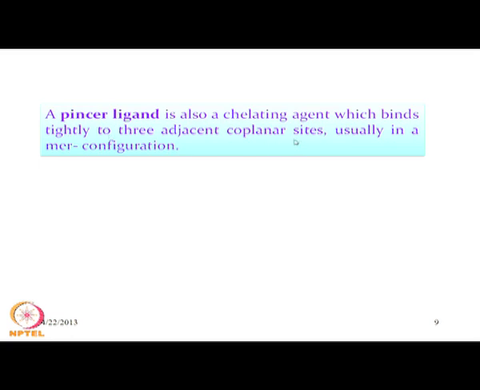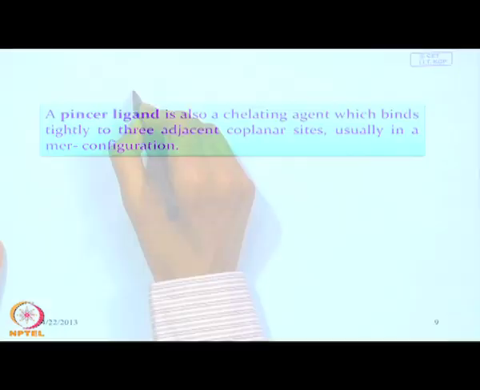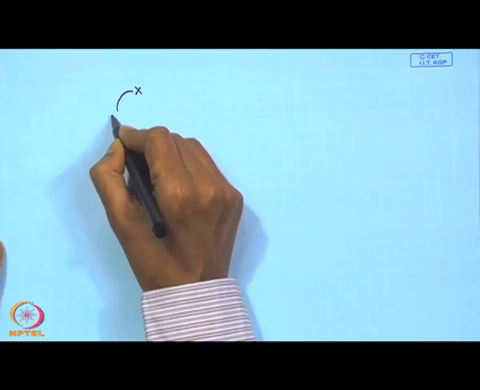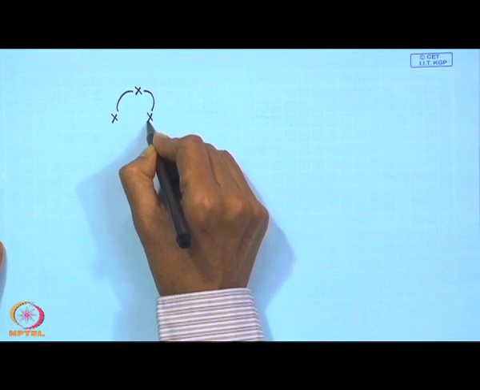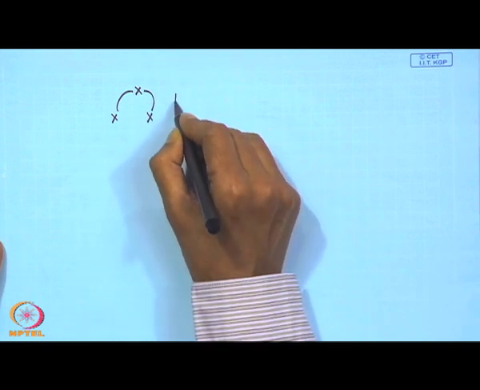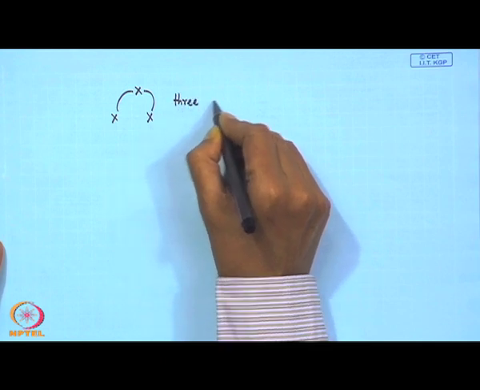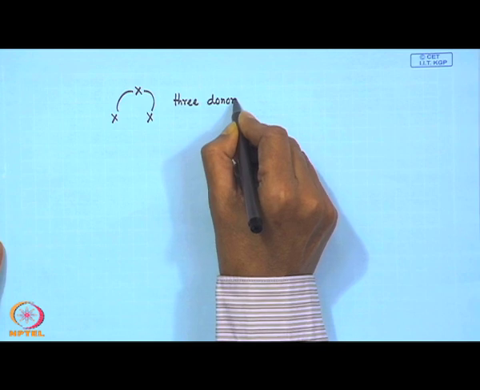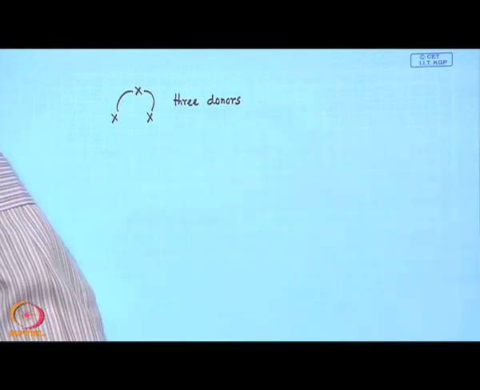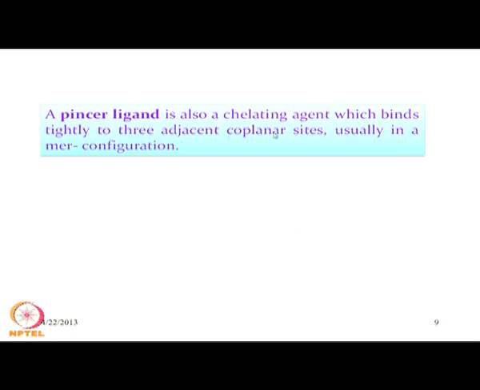So, if we have three adjacent coplanar sites, like that of our terpyridine type of ligand, with one donor point, another donor point and a third donor point, and these three are adjacent coplanar sites, that means they give rise to a planar tridentate arrangement, not that it can move to some other plane, and usually it binds in a meridional configuration.